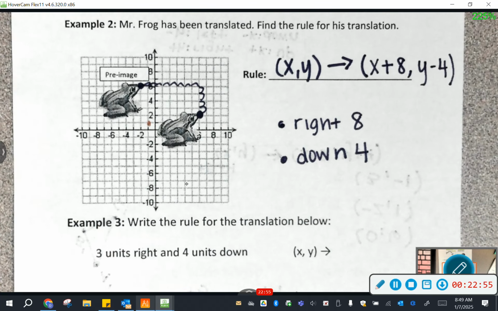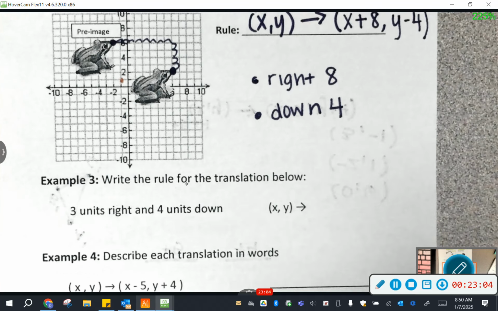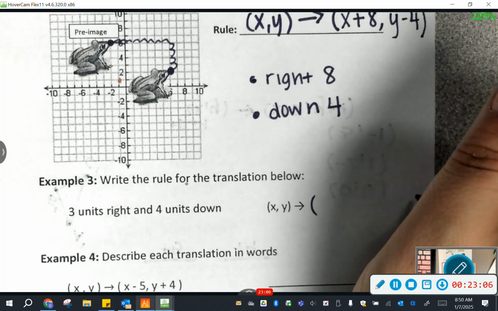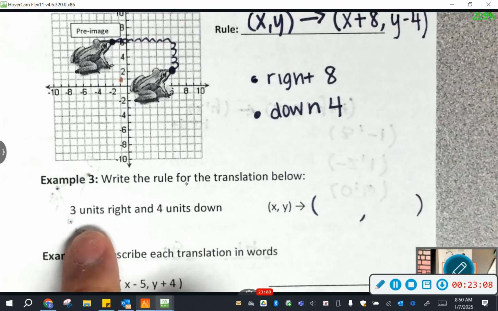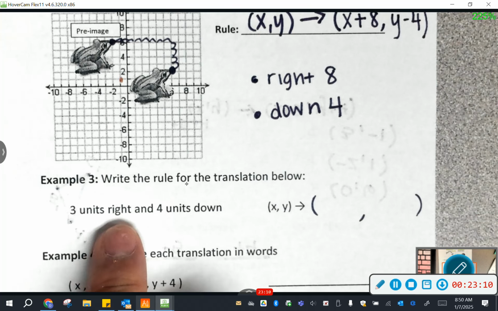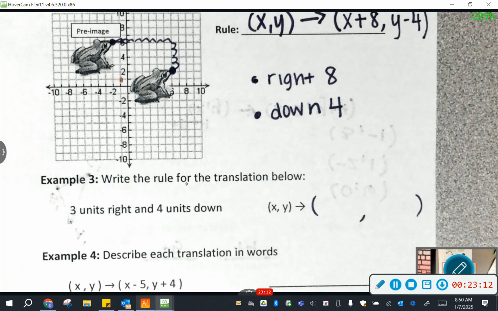Okay, I want you to do the next one on your own. Example 3. Can you give me the rule for 3 units right and 4 units down? When you have the answer, raise your hand, please.